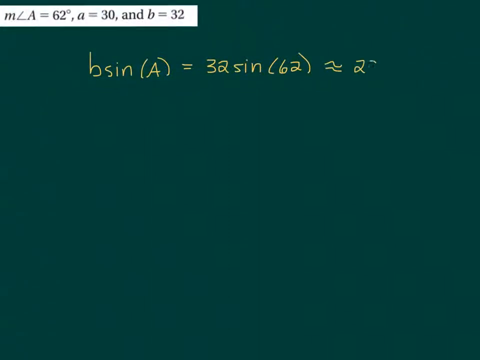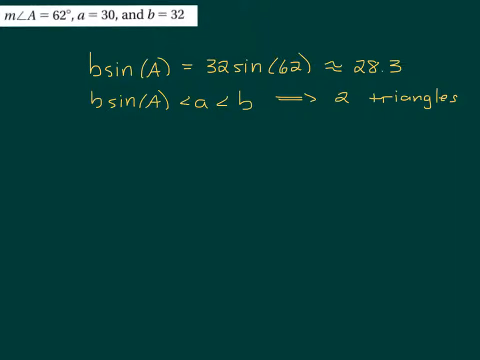It's about 28.3. So we know that B sine of A is less than side A, which is less than side B, which means we are going to have two possible triangles in this problem.